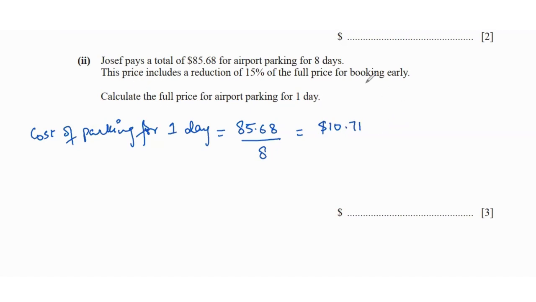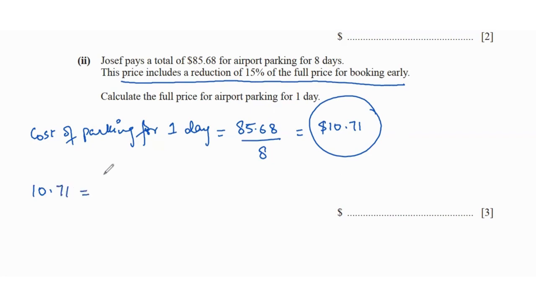Then it says this price includes a reduction of 15% of the full price for booking early, which means this cost is equal to 85% of the full price.